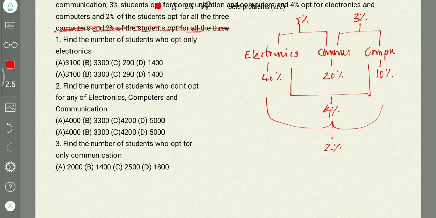So there are three questions based on this data. Find the number of students who opt only electronics. Find the number of students who don't opt for any of electronics, computers and communication. And this is the third one.